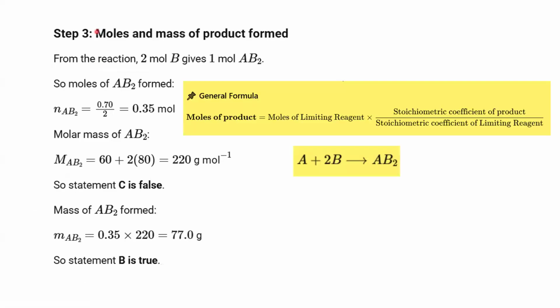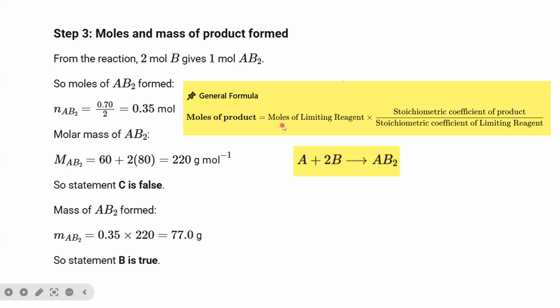So we will move forward on finding the moles and mass of the product formed. From the reaction, 2 mole B gives 1 mole of AB2. See here, 2 moles of B reacts to give 1 mole of AB2. We are going to find the number of moles of the product.